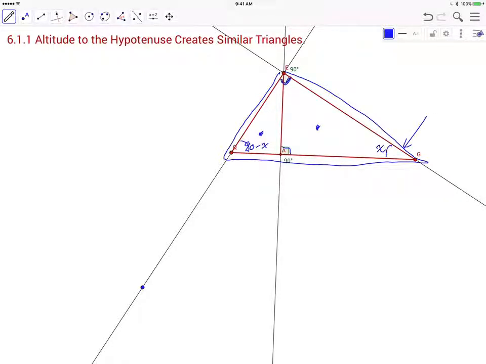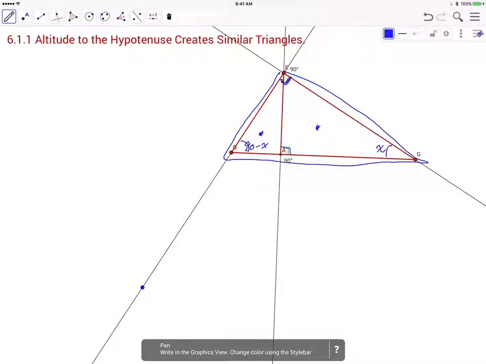So for instance, if this is 20, this will be 70, right? Because it's the rest of the triangle, because all triangles add up to 180. So that's only if you needed to establish the fact that those are x and 90 minus x. I might even erase some of those because it's not really 20.